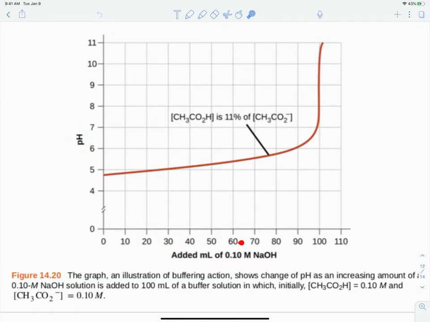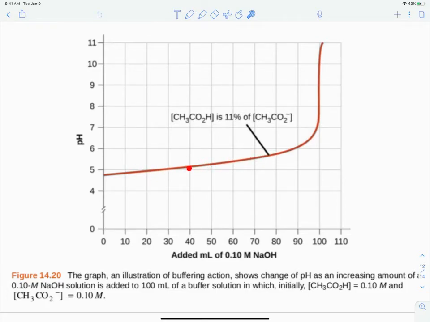And as you add more sodium hydroxide, more base, you'll see that there's a very small amount of change in the pH as you're adding considerable amounts of sodium hydroxide, of base. And so this region here, this is the buffering capacity.